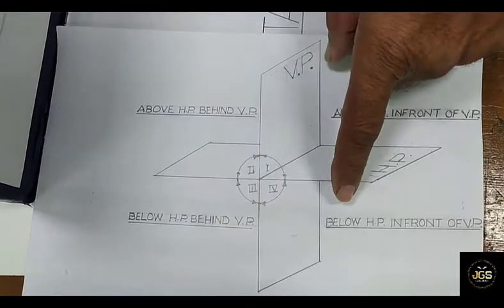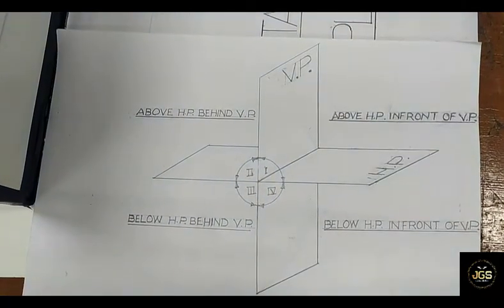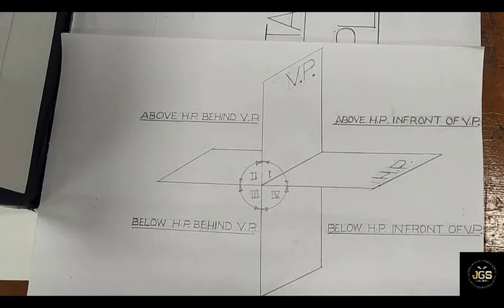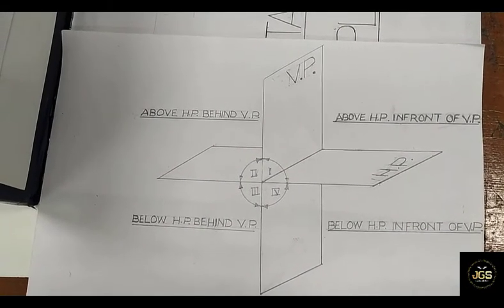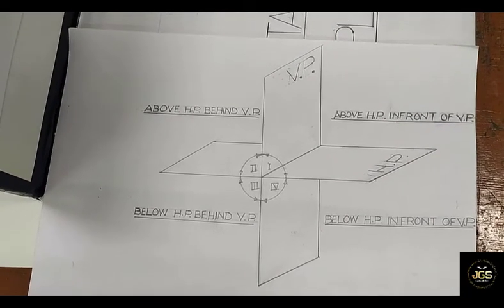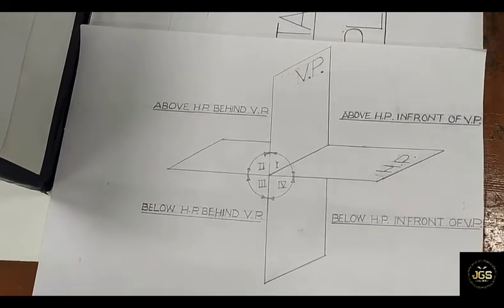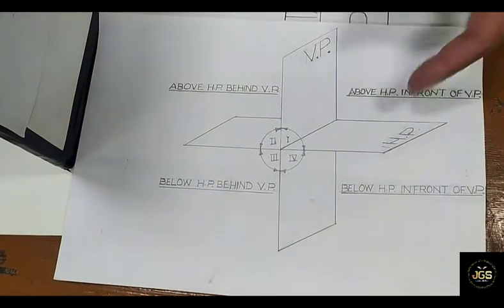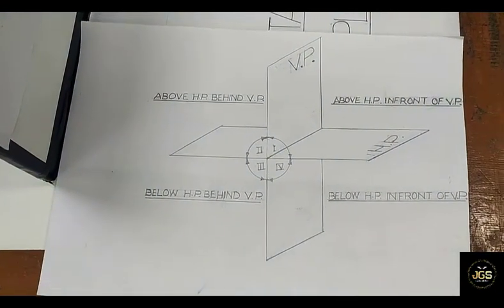So these are some technical wording that can be used: in front of, behind, above or below the horizontal plane. These planes are assumed to be transparent.